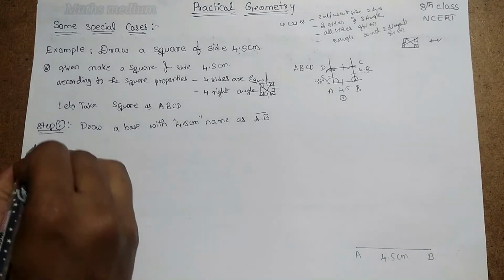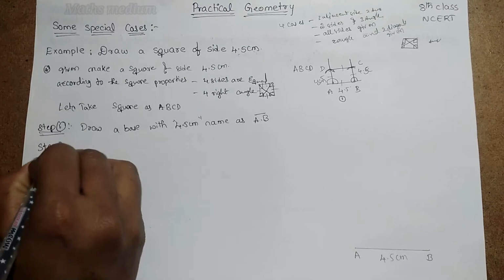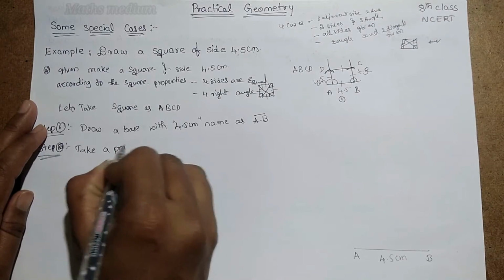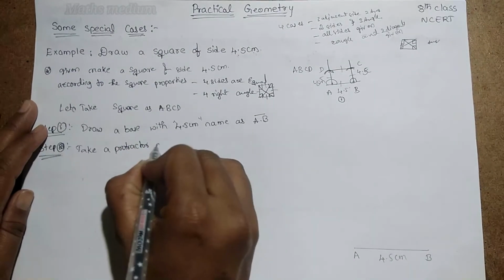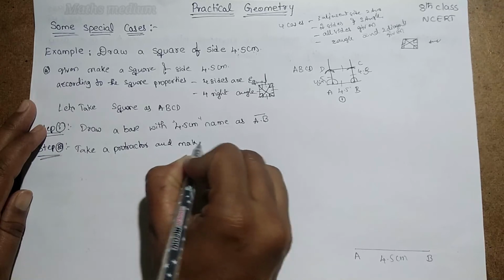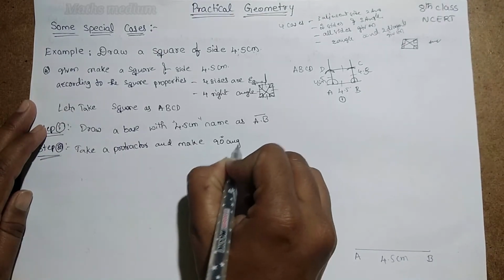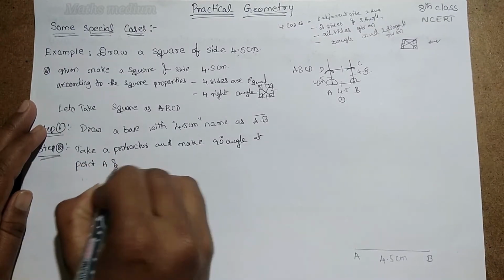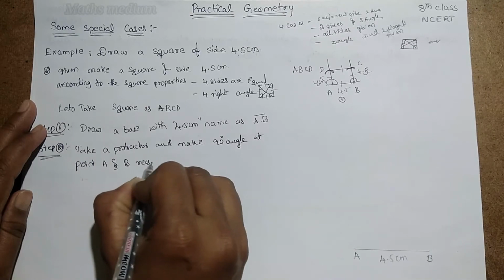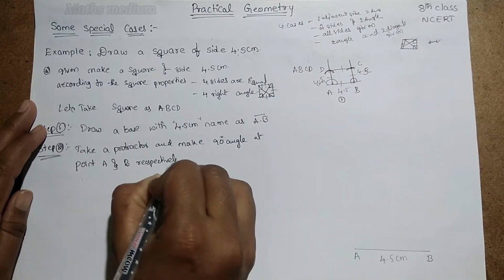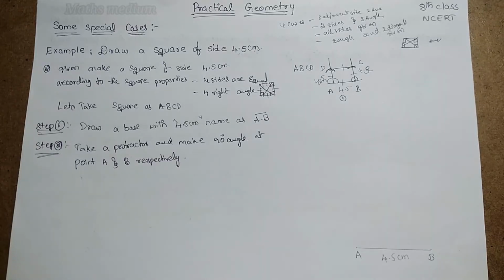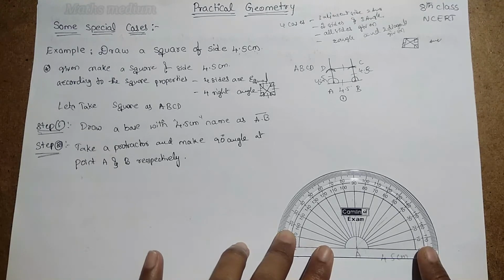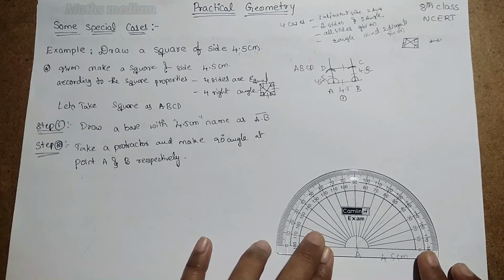Next, step 2. Take a protractor and make a 90 degrees angle at points A and B respectively. So take the help of a protractor at A. Make sure that the point lies where we have to measure the angle, and the line should be parallel to the 0 degrees line.